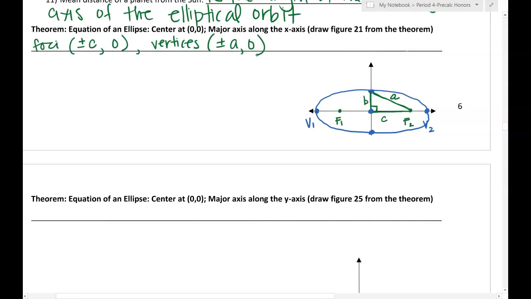We can also go and label these points here. This should have been labeled 0, comma B. This down here is 0, comma negative B. Over here, all the way over here, yes, that's also A, comma 0.